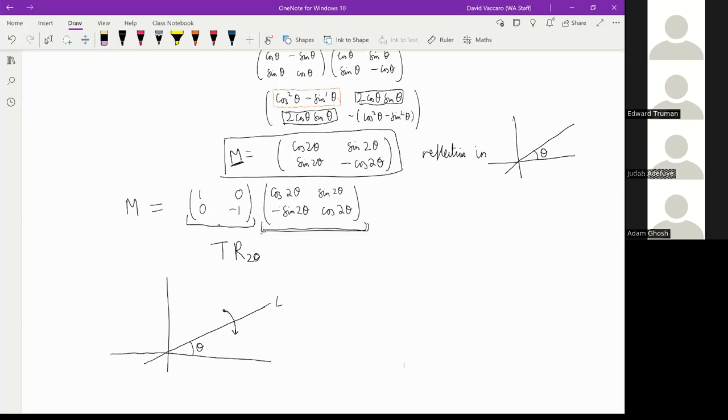Oh, it's a rotation by negative 2 theta followed by a reflection, which is actually the same as R2 theta transpose. Okay, what we've veered into there is that matrices have started to tell me how reflections and rotations multiply with one another.